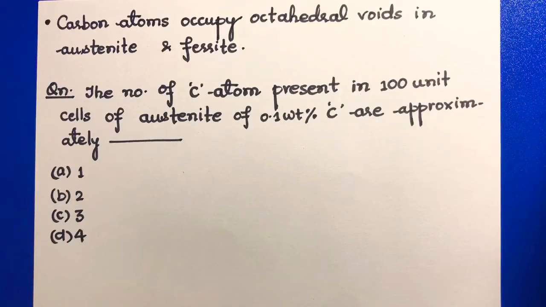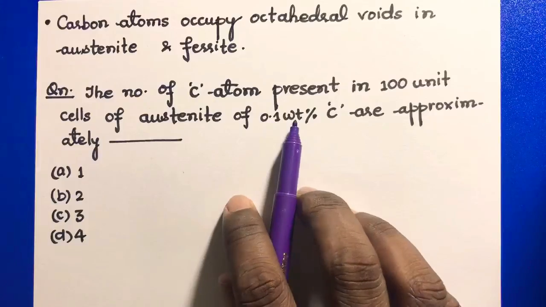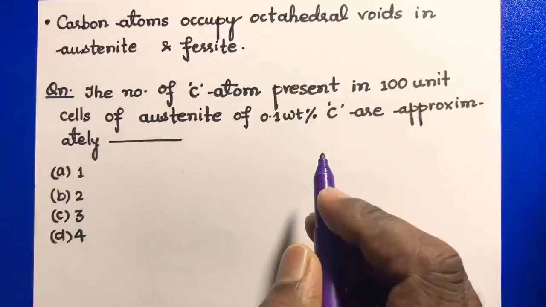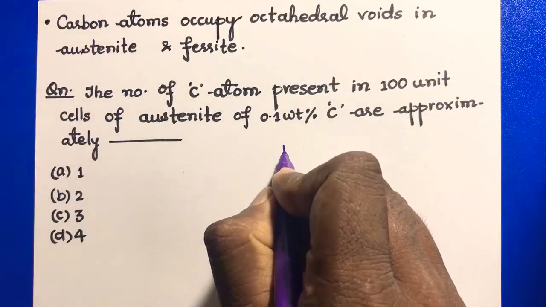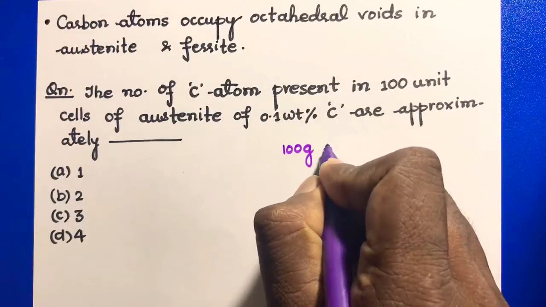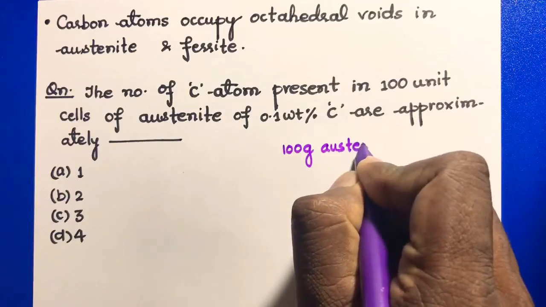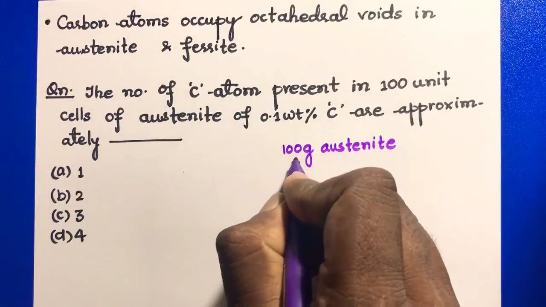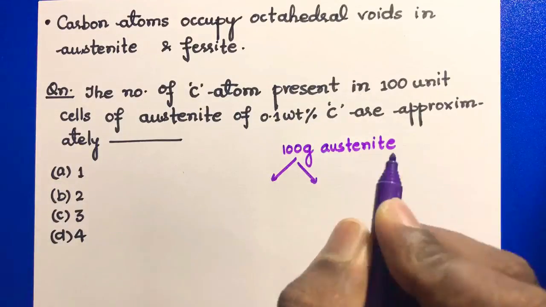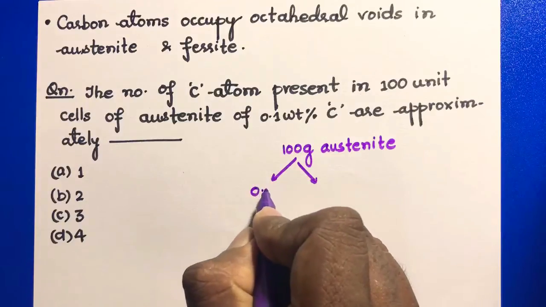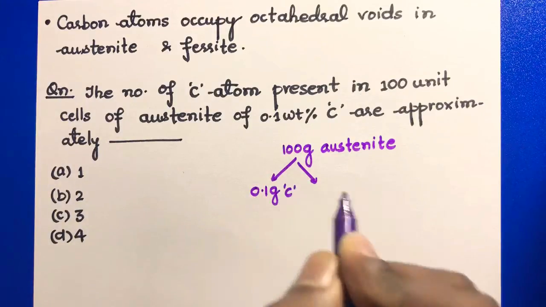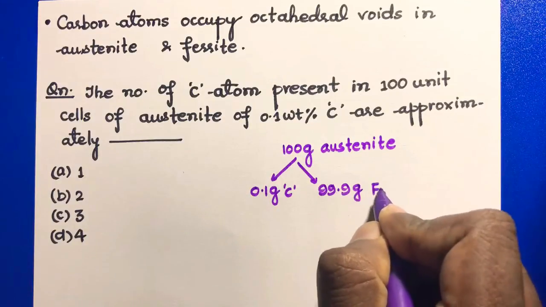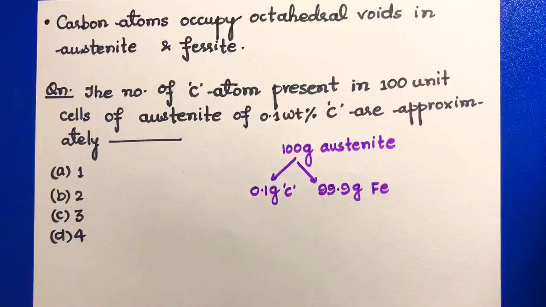So basically first we have to understand what is percentage weight by weight. So 0.1 weight% carbon, the simple meaning is if you take 100 gram of austenite, that is the gamma phase, then as we know austenite is made up of iron and carbon, so 0.1 gram will be carbon in it and the rest 99.9 gram will be iron.